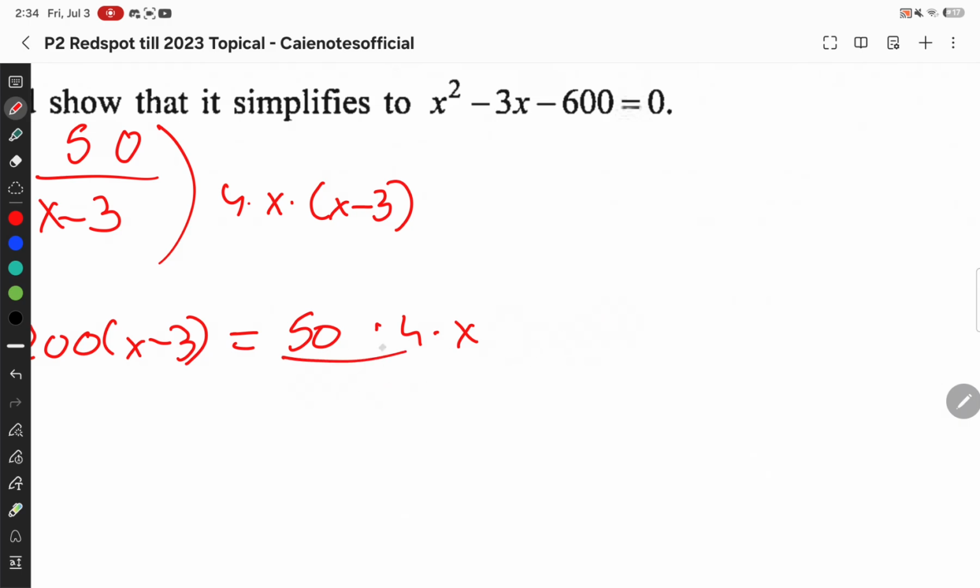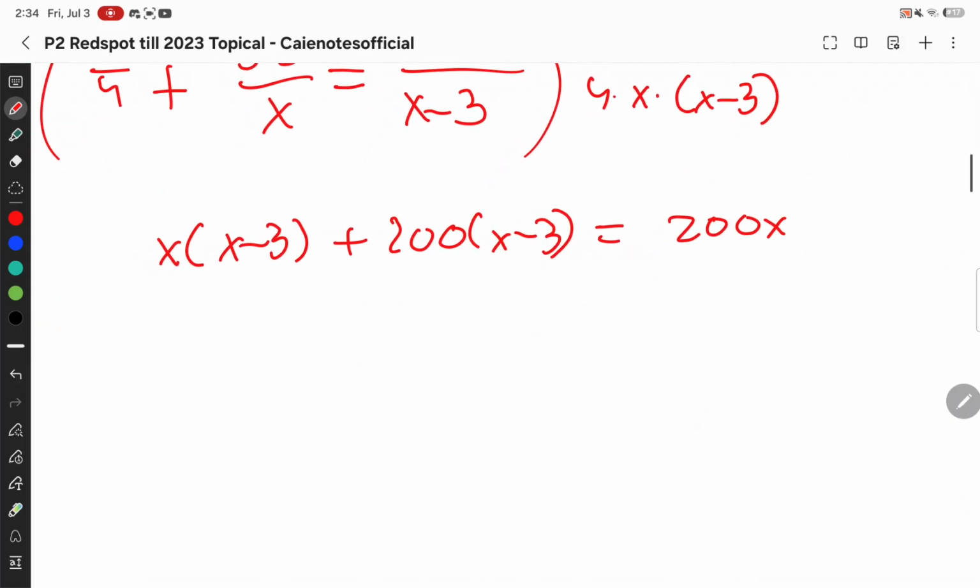X minus 3 cancels out because it's on both. This is 200x. Now use your algebra skills that you have equipped through your 4,000 years of training to your advantage. Expand x squared minus 3x. This is what? Multiplication or subtraction.